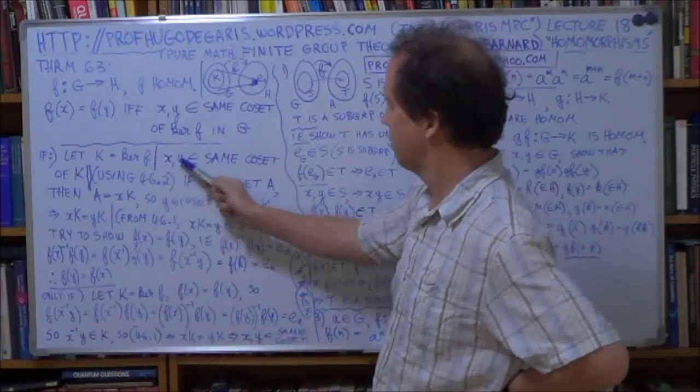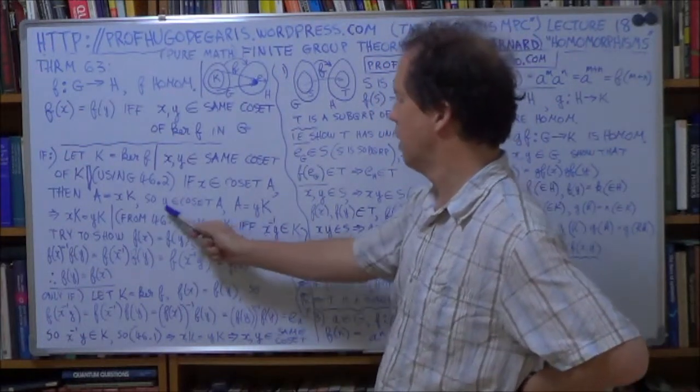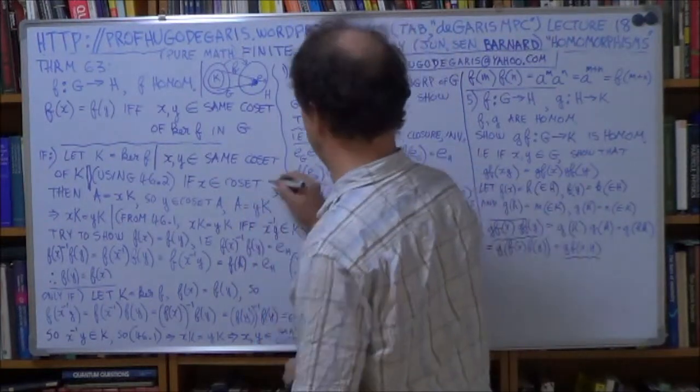Now, we're assuming that x and y belong to the same coset. So y belongs to the same coset.